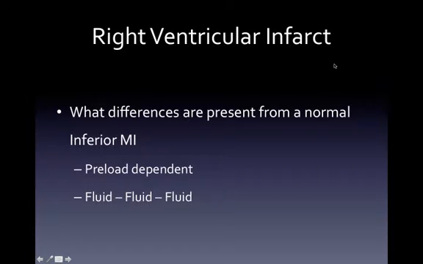What is different between a right ventricular infarction and a left ventricular infarction? The differences are, let's say that our patient is preload dependent. They're preload dependent because the right heart is in the middle of an infarct and it's having a hard time getting preload, or the amount of blood that it needs, into the pulmonary trunk.